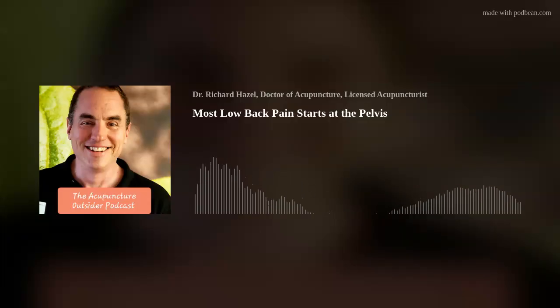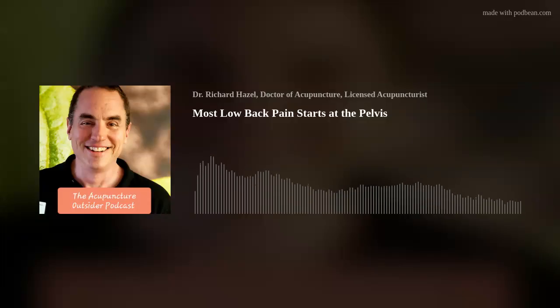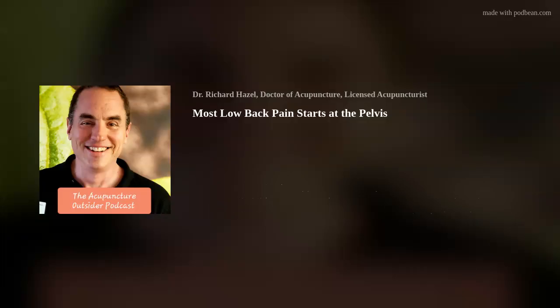So the SI joint, the pelvis, the anterior pelvic tilt, huge part of low back pain. You will find a lot of people with low back pain with tight hamstrings for this reason. Hamstrings are trying to help stabilize the ligament that stabilizes the SI joint.